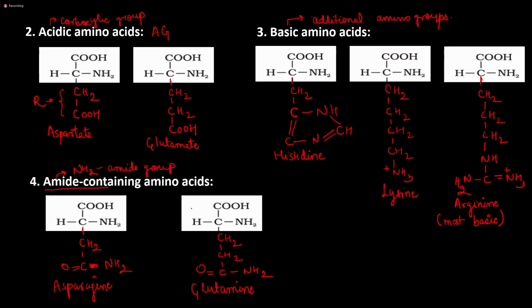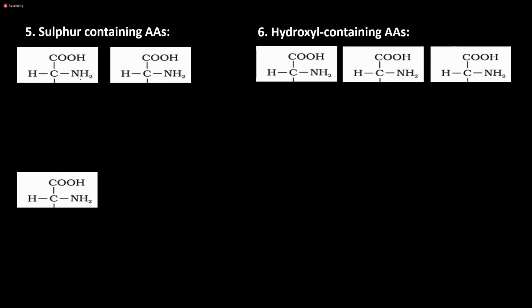So what we saw is that till now we have seen 4 types of amino acids based on the R group. Now the next type is sulfur containing amino acids. As the name suggests, these amino acids have sulfur in their R group, right?